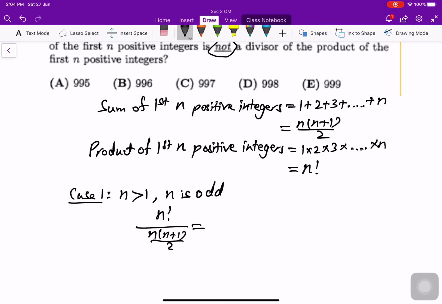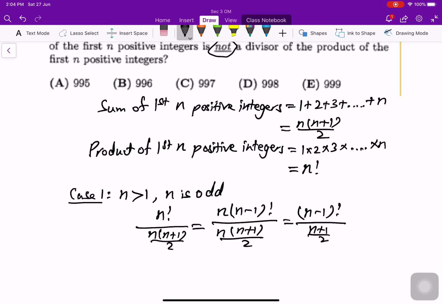That means the product divided by the sum. And can you see that n factorial can be expressed as n times n minus 1 factorial, and this would be n times n plus 1 divided by 2. Then your n and n cancel out, and you get n minus 1 factorial divided by n plus 1 divided by 2.